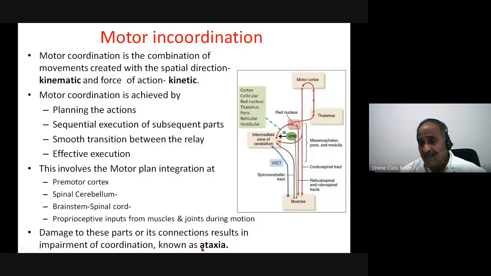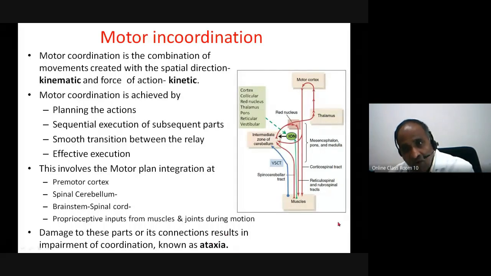Ataxia is a generalized term. It may not refer exactly to the gait, but we always think about a gait. But ataxia is a motor incoordination. Now, this circuitry becomes important for ataxia.